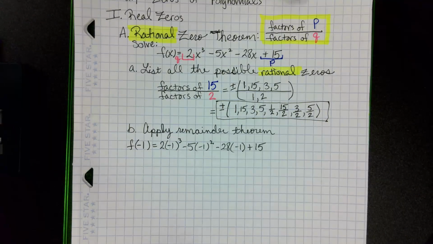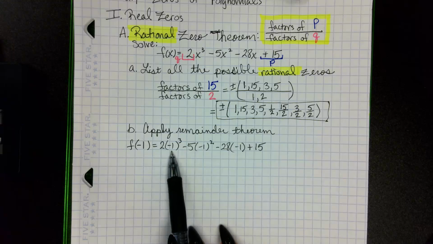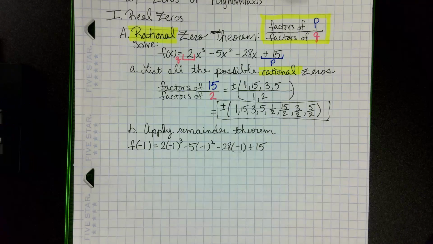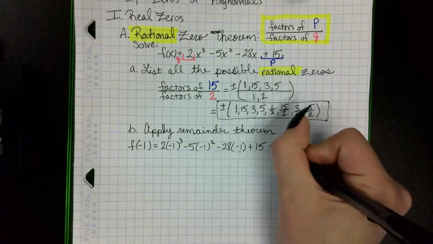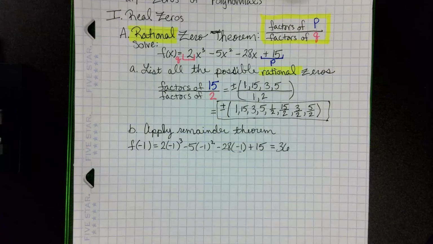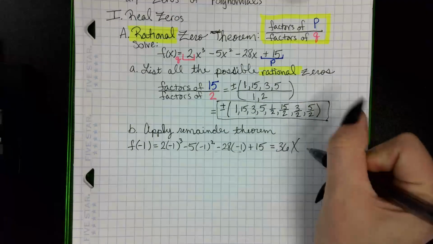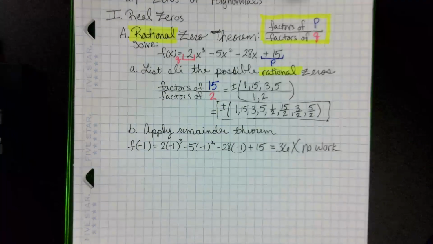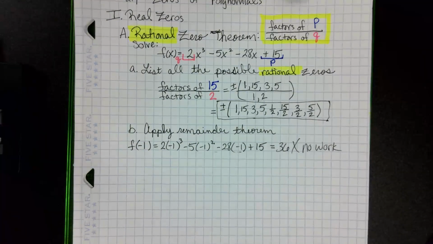Carefully, in my calculator, I'm going to type in everything to the right of the equal sign, in parentheses, the way it's supposed to be. And it tells me that equals 36. That's not 0, so this does not work. So -1 is not a zero of this function. Even though it's a possible one, it didn't work.